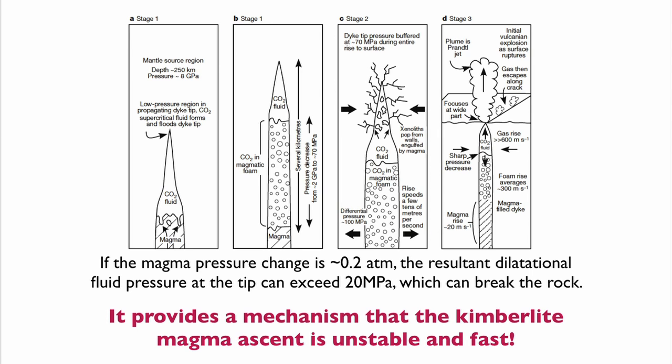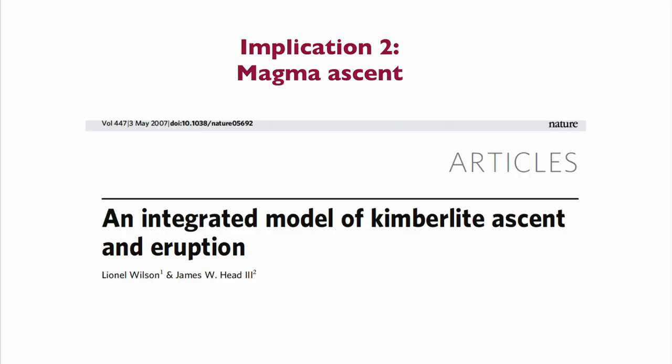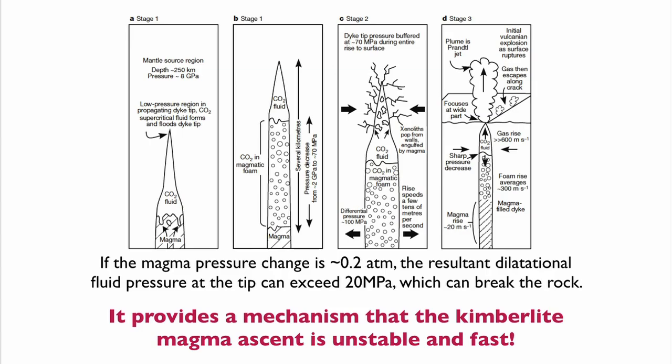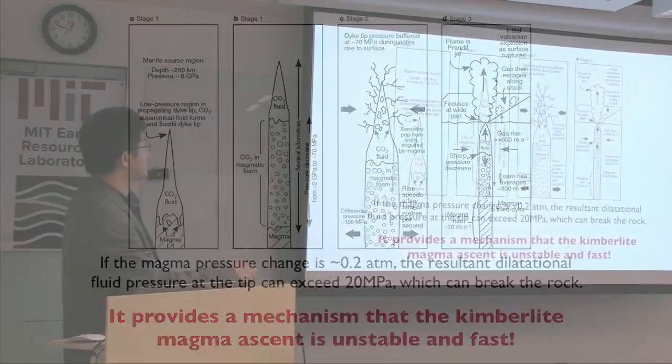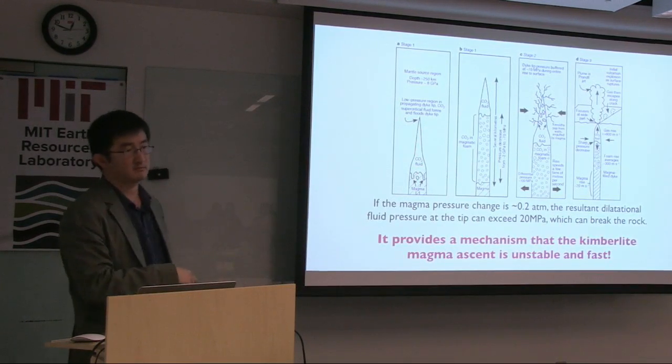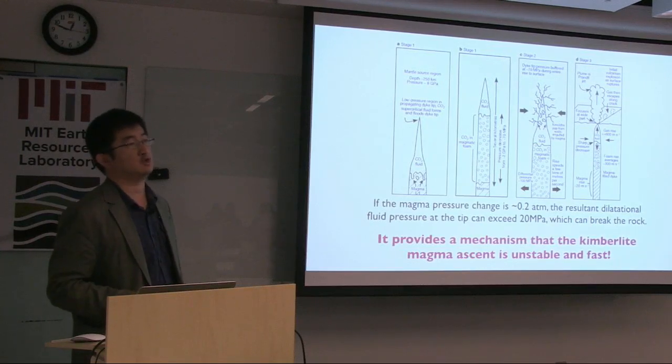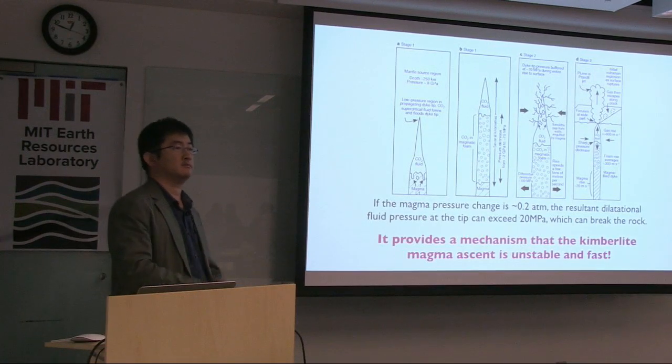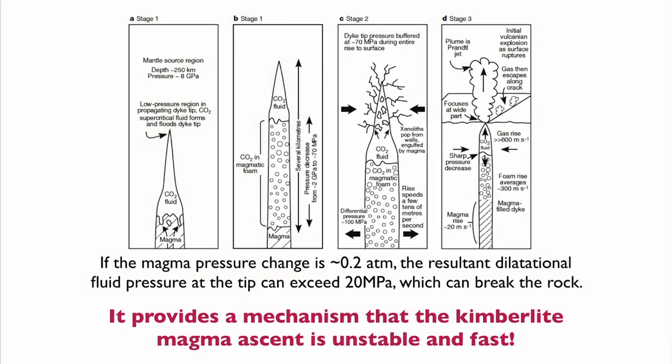This is a review paper by Wilson and James Head. The idea is that as the magma saturated with CO2 fluid goes upward, in the meantime it fractures the rock. But the mechanism is unknown. We just show that this has to be simultaneous.